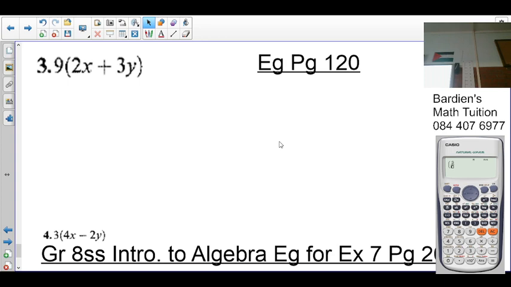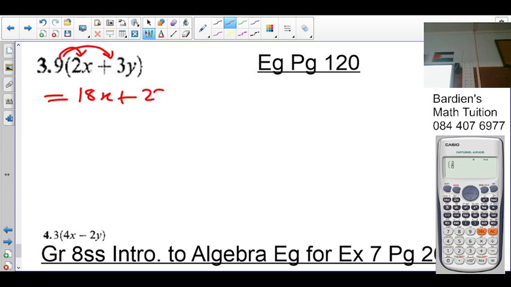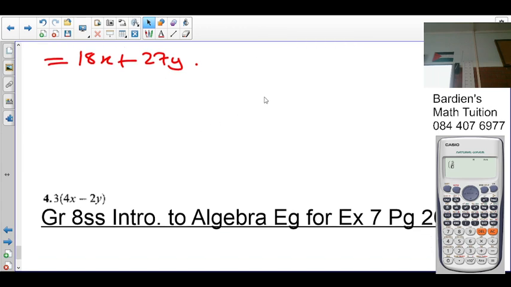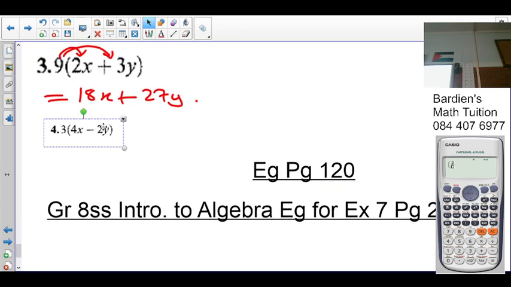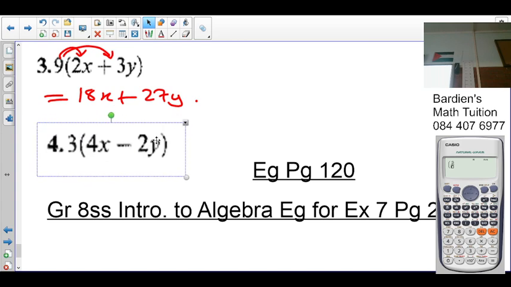Finished? Right. We multiply out, we get rid of the brackets. 9 times 2x? 18x. 9 times 3y? You all agree with that? Here's the next one, number 4.